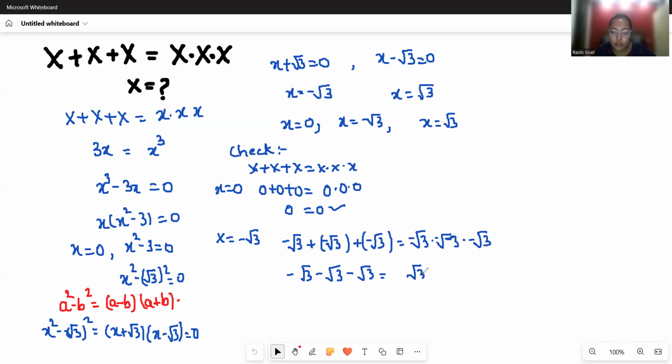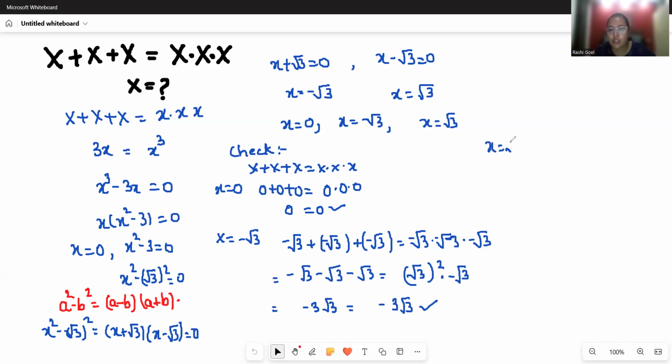This becomes root 3 whole square times negative root 3, we can write. So this gives us 3 root 3 with negative sign, and here it is equal to root 3 square is 3, root 3 with negative sign. So it's also verified.